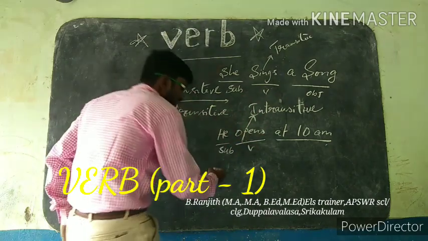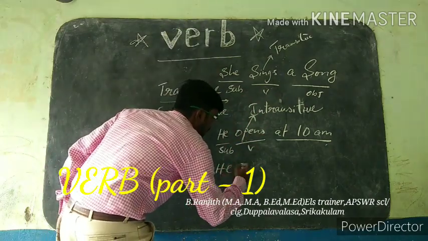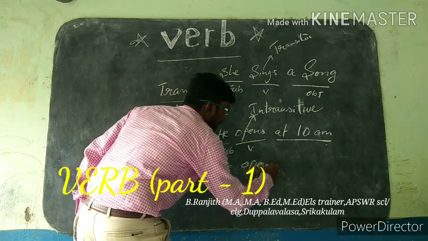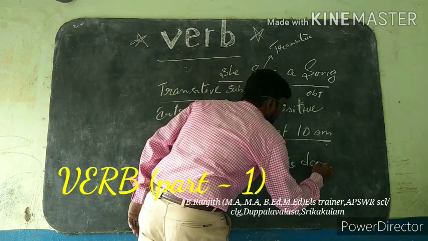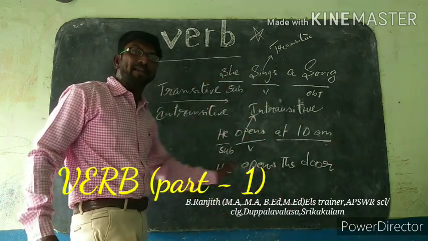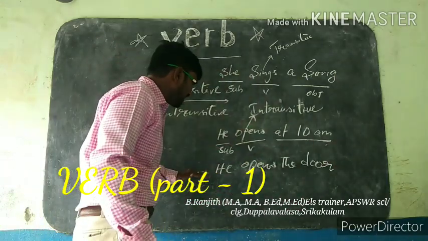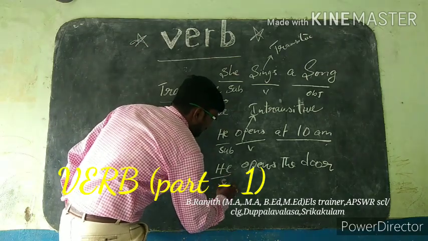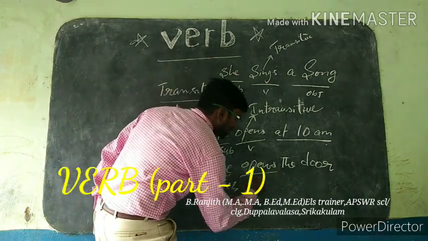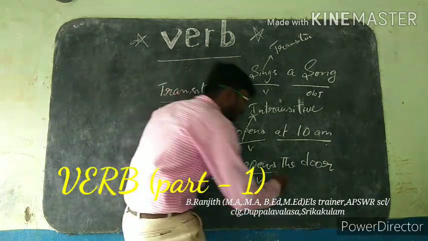Let us see another example. He opens the door. Here, what is the subject? He is the subject. What is the verb? This one is the verb. And what is the object?